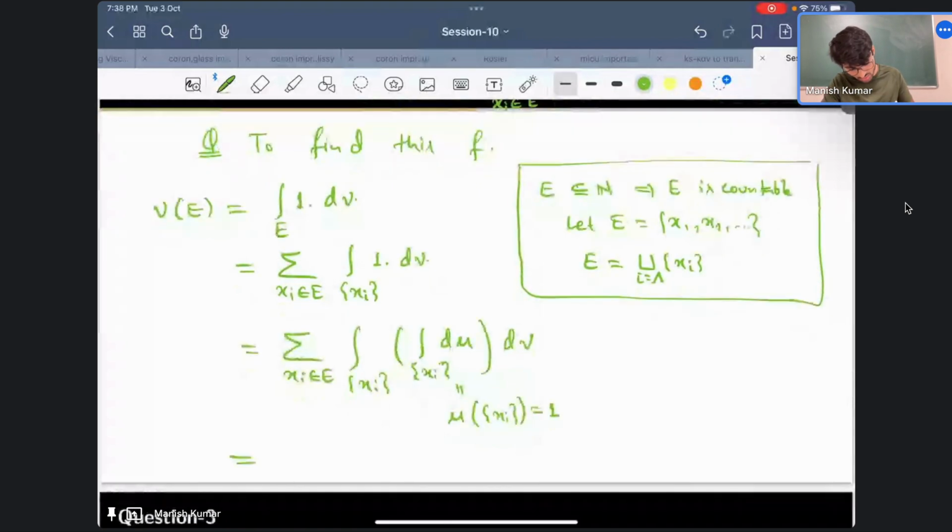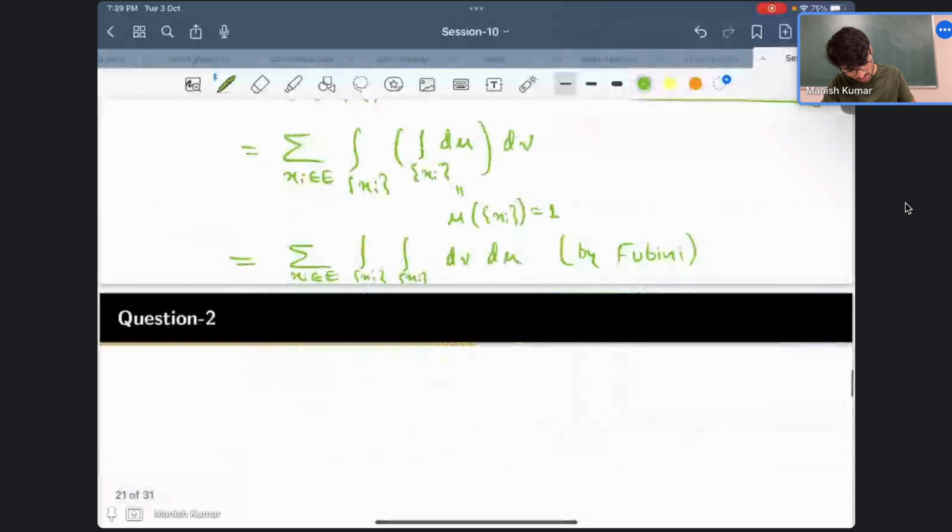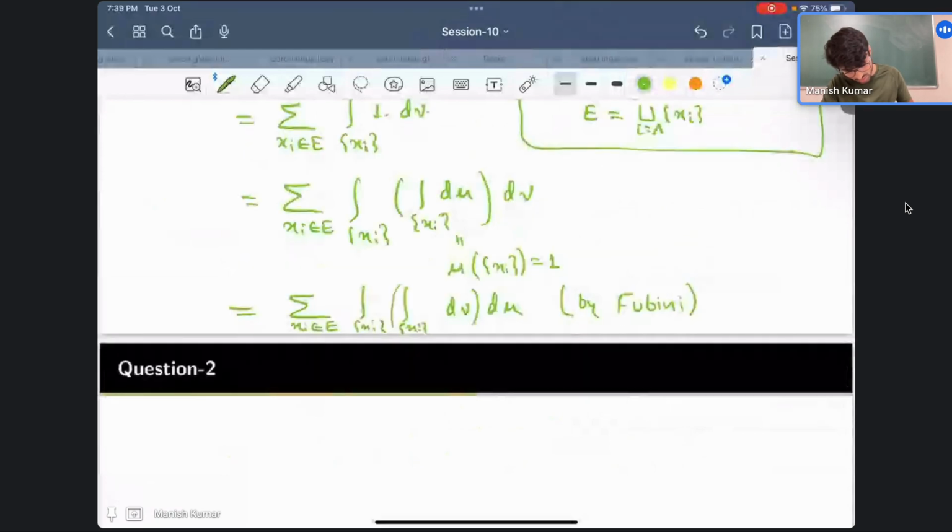So what you can write is summation xi belonging to E, xi d nu d mu. This is by Fubini. Now this quantity I can rewrite as summation xi belonging to E, xi, and this I can write as nu of xi, and this is d mu.